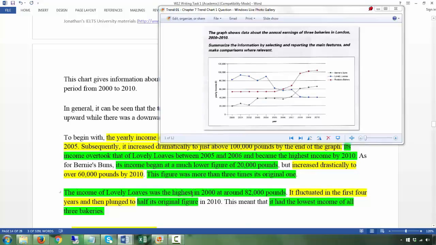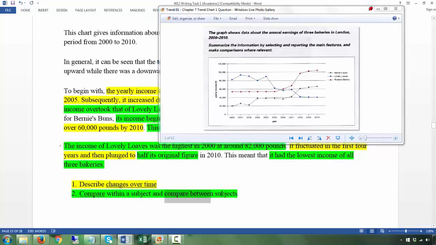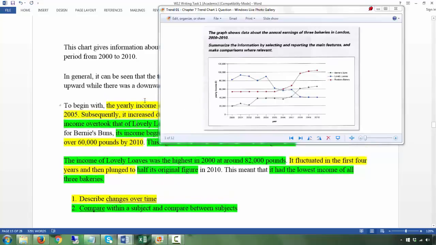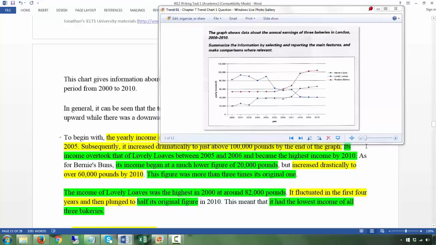This is comparing. That's what I mean by comparing between subjects. That's what 'make comparisons where relevant' means. That's what the examiner is looking for, to see whether you can compare all the subjects here. So that's the reason why it's green, because you're comparing within, and then you're saying it's number one, which is a comparison also.